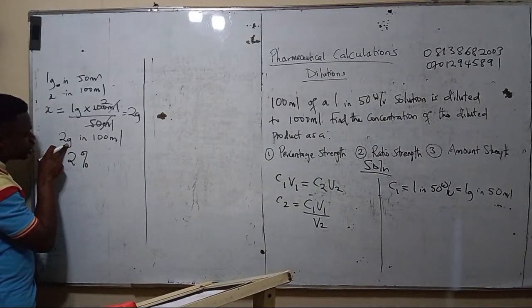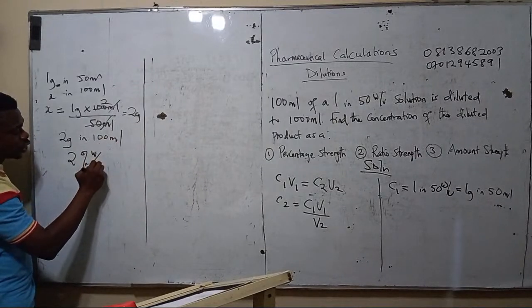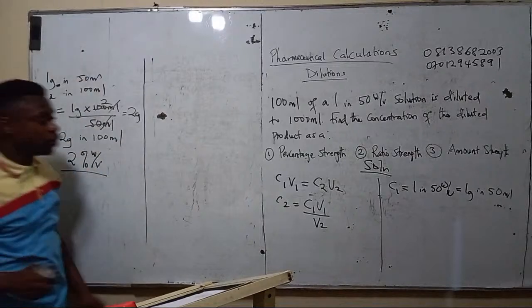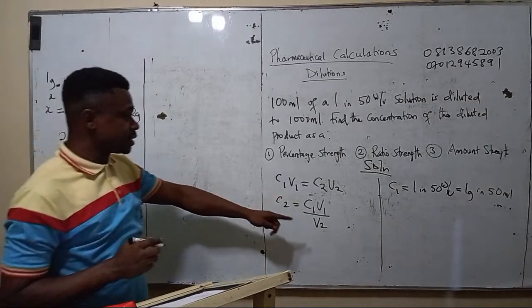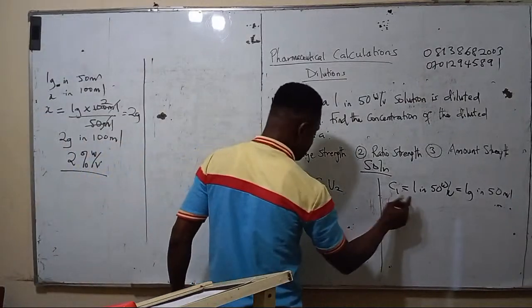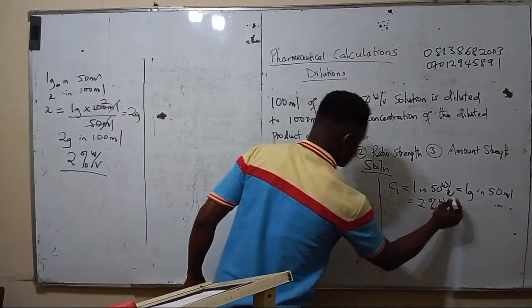This gram we change to weight, and this mL we change to volume. So we have 2% weight in volume. The percentage strength of this is now 2% weight in volume.